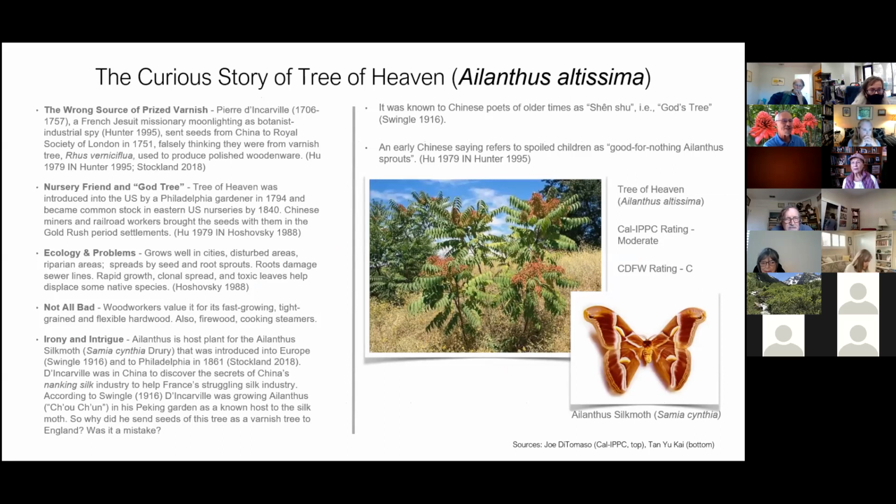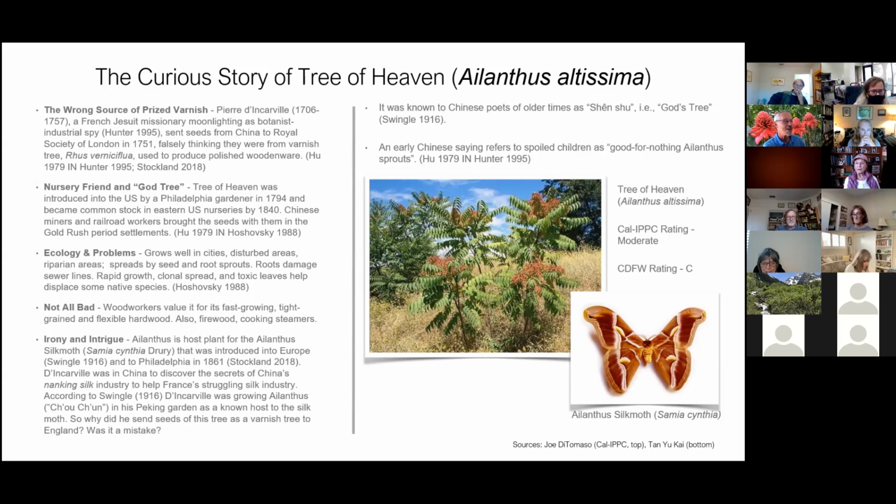In the mid-1700s, he went to Peking, China, and he was a French Jesuit missionary moonlighting as a botanist industrial spy. And what he was trying to do was bring the secrets of the superior Chinese silk industry to help his French counterparts and the government and the industry in France, which was struggling.